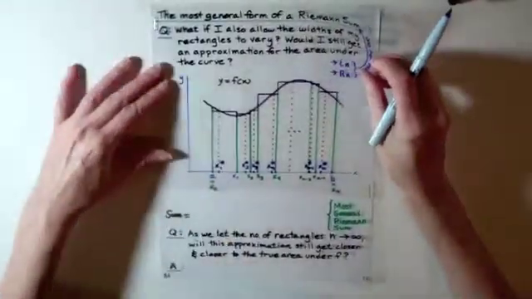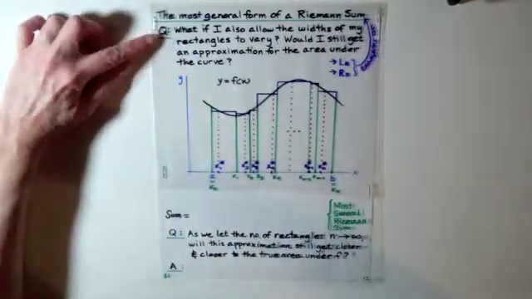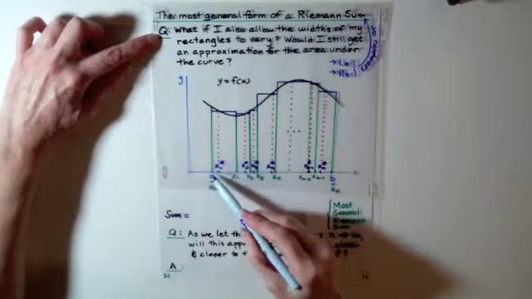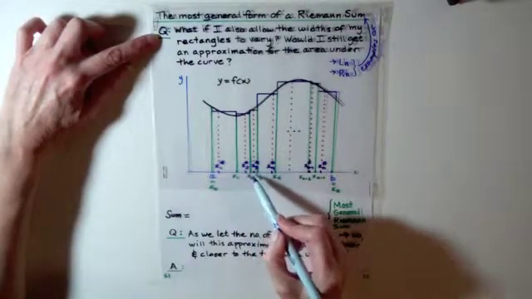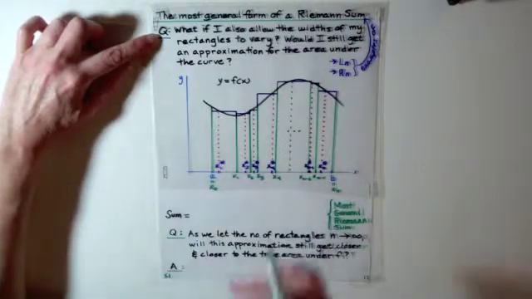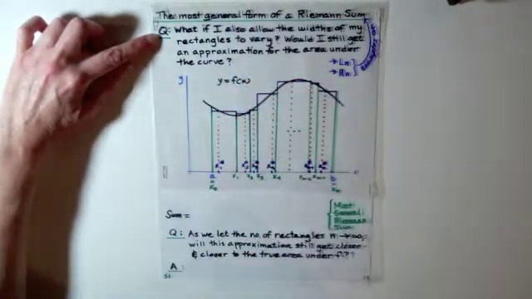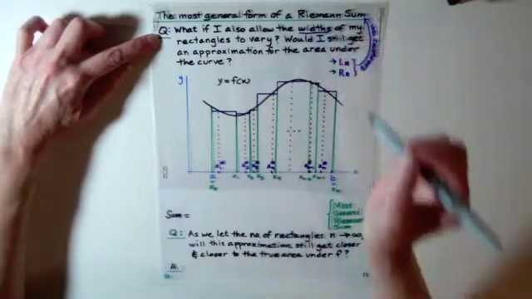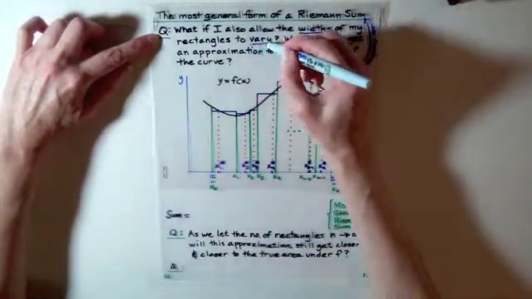Well, let's loosen our conditions a little bit more. And we're going to ask this question: what if not only do I allow us to use any x star value on each strip, so I can use any intermediate x value that I want to create the height of my rectangle, what if I also allow the widths of the rectangles to be different, to vary?